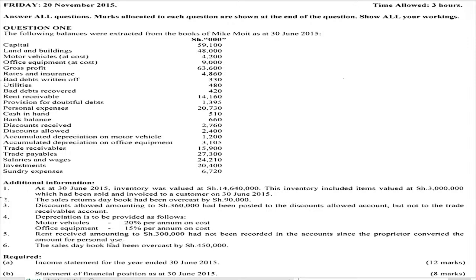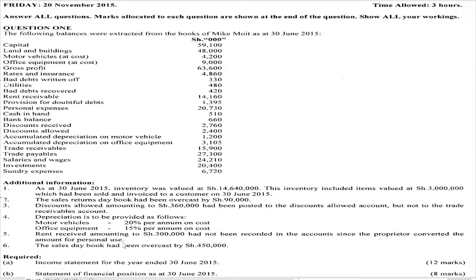Then rent received amounting to 300,000 had not been recorded in the account since the proprietor converted the amount for personal use. So the rent included of 300 was used for personal use. It is going to reduce our income as well as increase the drawings. So it's going to affect both the income statement and the balance sheet on the capital side.